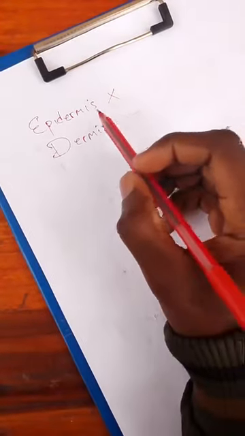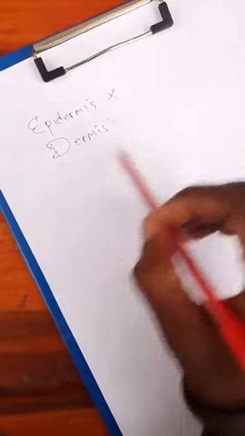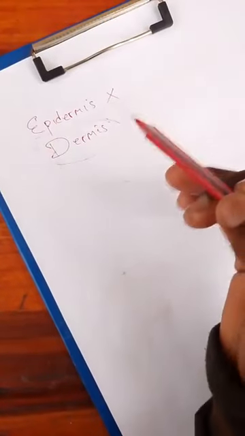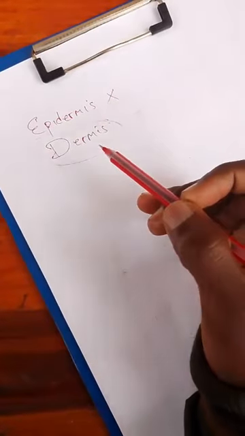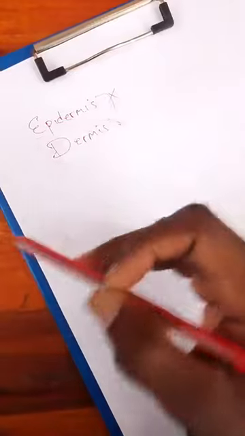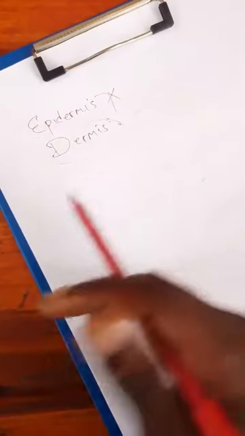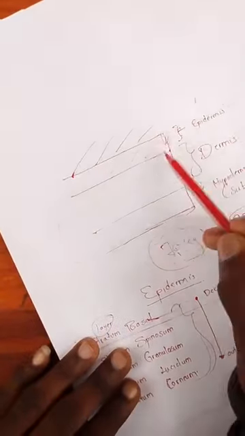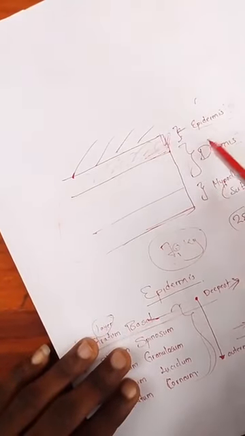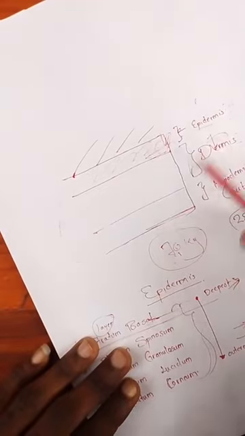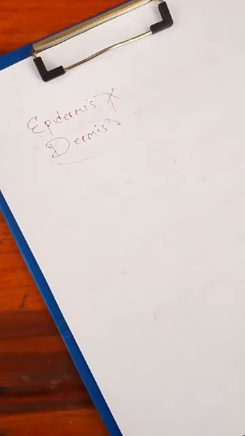The dermis comes second after the epidermis, like the way we saw from the diagram that we had. We had the epidermis, then after the epidermis is the dermis. It is involved in the provision of strength, elasticity, as well as support to the skin.